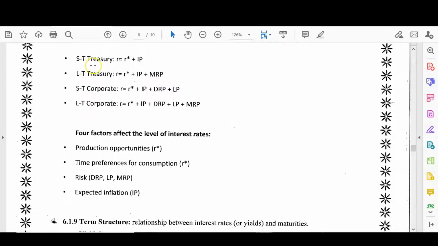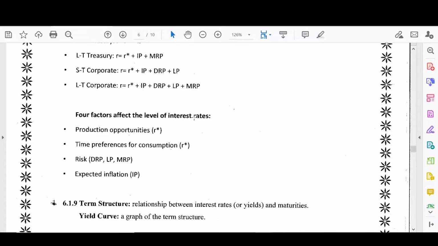Because it's Treasury bonds, it doesn't have DRP and LP. For long-term Treasury, it is long-term, so it has MRP, but because it's Treasury, it doesn't have DRP and LP. For corporate bonds, they have DRP and LP, but for short-term, it doesn't have MRP, and for long-term, it does have MRP.